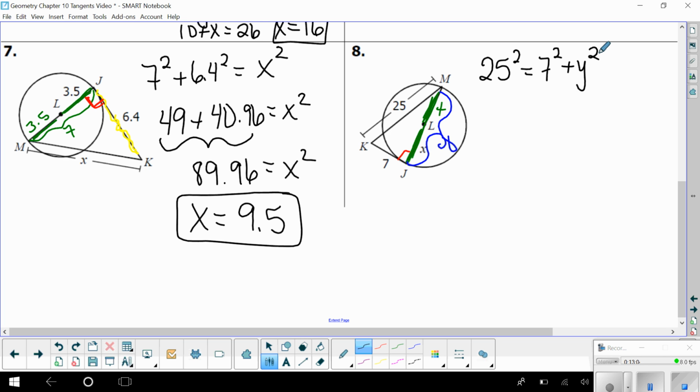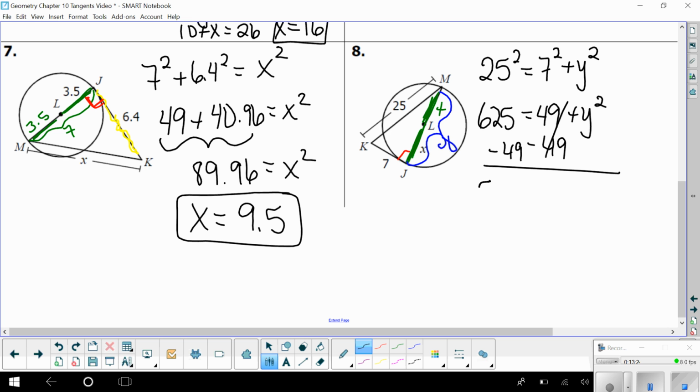So 25 squared is 625 equals 49 plus y squared. Subtract the 49. Let's cancel. I get 576 equals y squared.